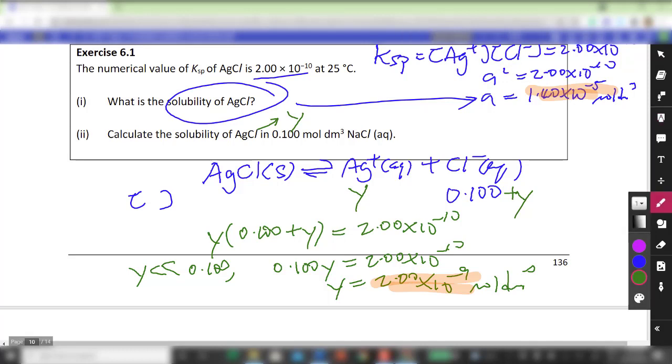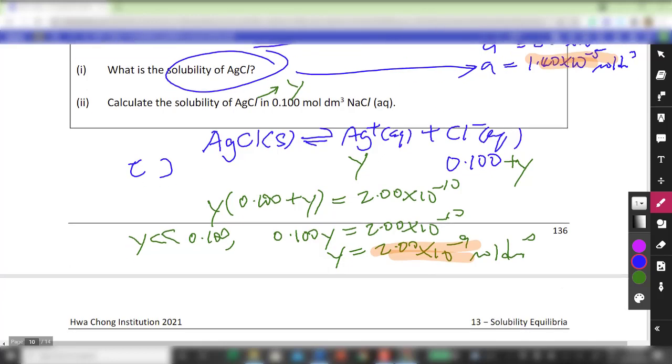Okay, from 1.40 times 10 to the power minus 5, it reduced to 2.0 times 10 to the power minus 9. So how do we normally explain this? We will say that the presence of chloride, which is actually the common ion, suppresses the dissolution of silver chloride.